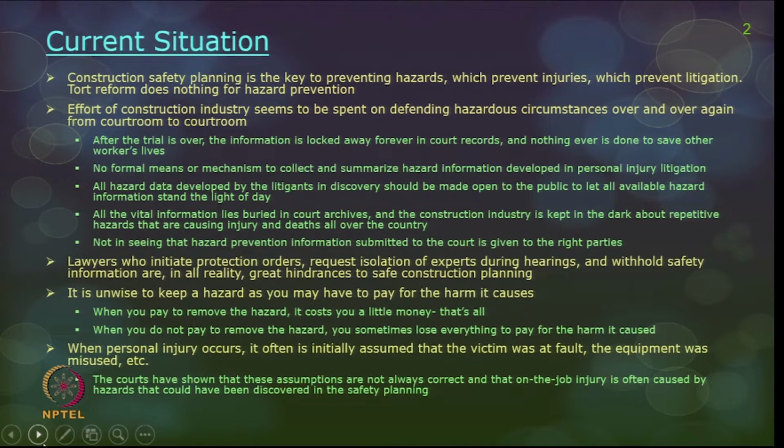If this learning of hazard assessment is known to everyone, then they can manage the hazards better. What happens is, once the court trials are over, these are stored or archived in files and they are not meant for opening to the public. So, what happens is the learnings that are happening.